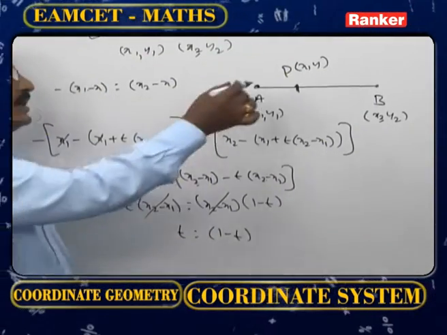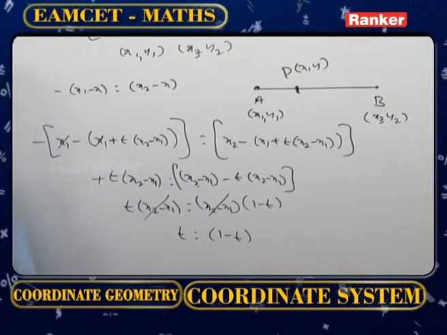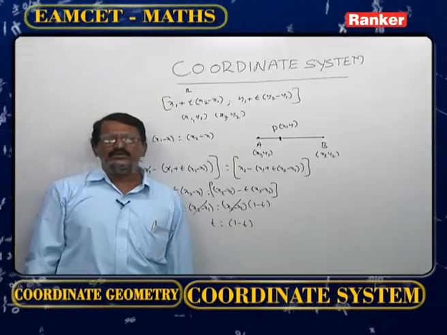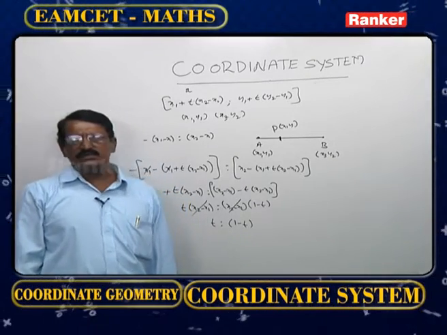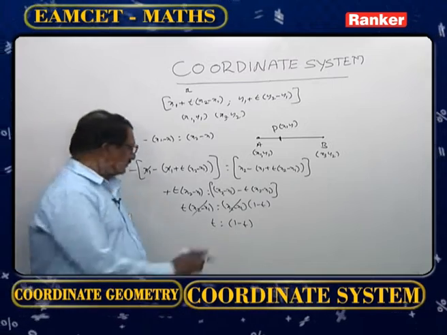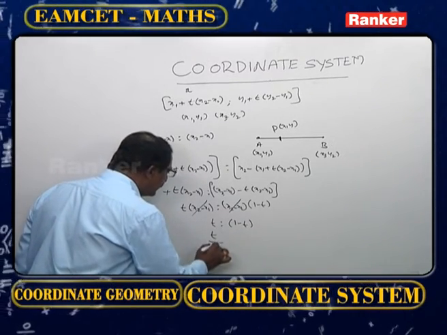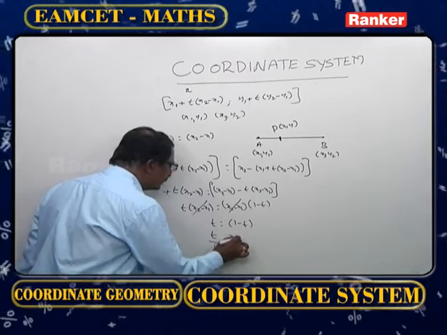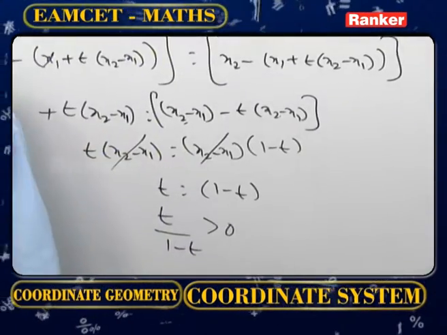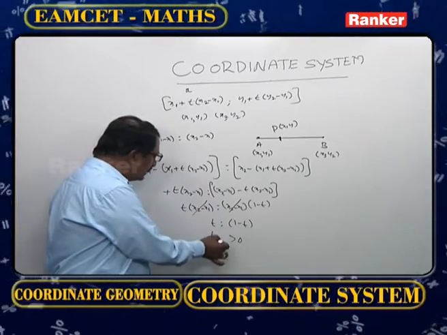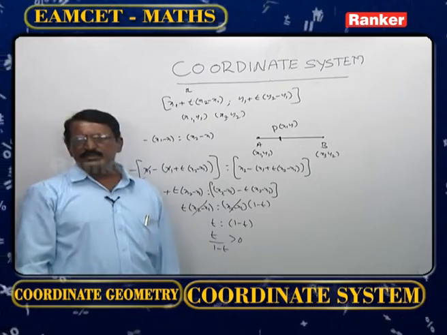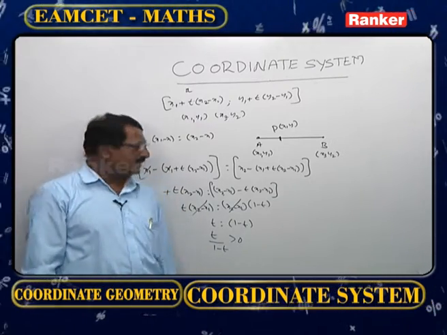But given the point divides internally, it means the ratio is positive. Now t by (1 minus t) is greater than 0. Now numerator and denominator both must be positive, otherwise both are negative.